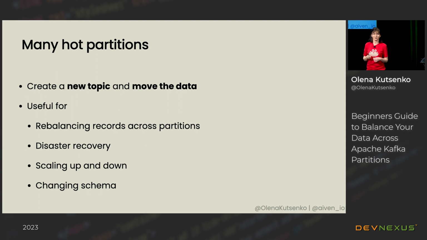And offset translation is a pretty complex thing to do. Some tools like Mirror Maker promise a solution, but they are, let's say, problematic actually. And when you change the number of partitions, Mirror Maker is not the tool which will do that offset translation correctly.